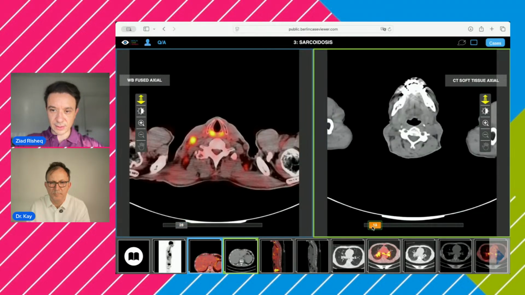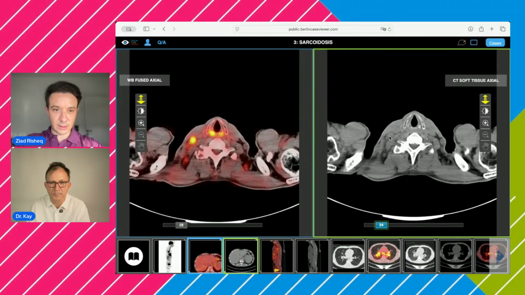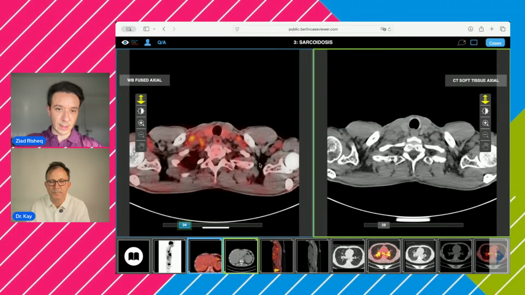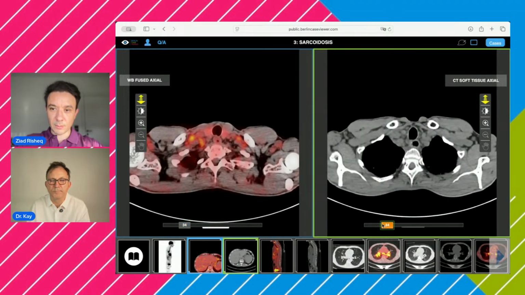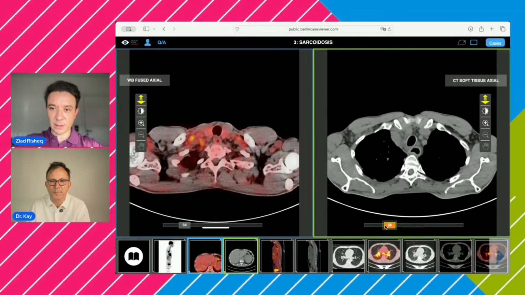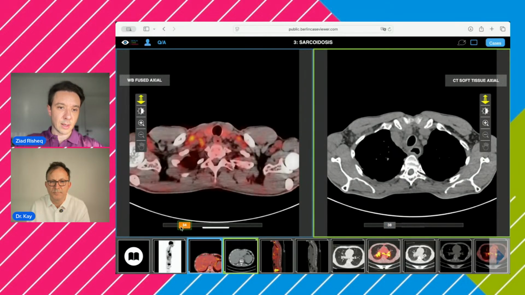If we look at the CT, we have this lymph node over here, and if we go down, we have one in level 4. So basically, we have bilateral supraclavicular lymph nodes, and they are of variable sizes. Some are small, some are prominent.